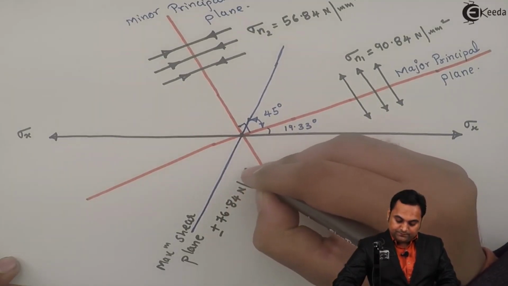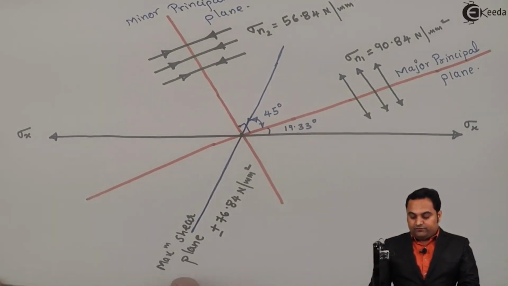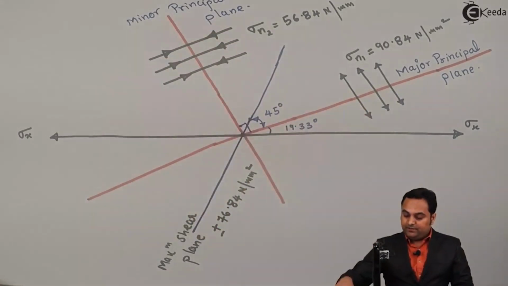Next, there is another plane of maximum shear, inclined at 45 degree to the minor principal plane.